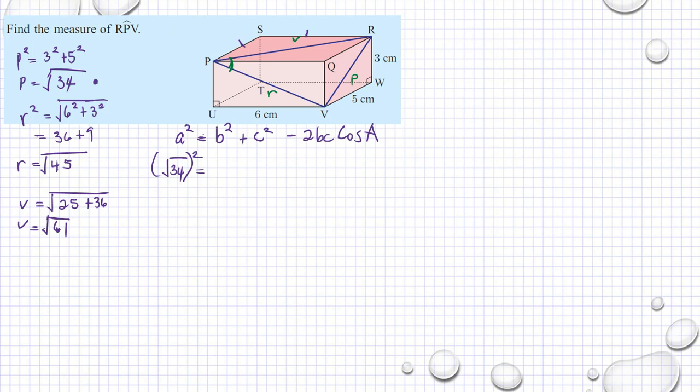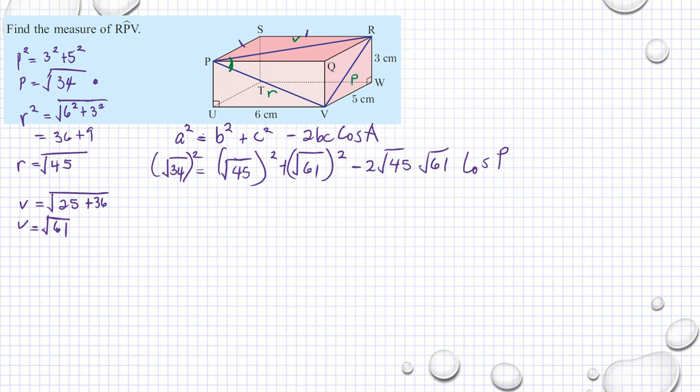That's it. And my b, it doesn't matter, r or v, so we have the square root of 45 squared plus the square root of 61 squared, it doesn't matter which of them, minus 2 times the square root of 45 times the square root of 61 cosine p. That's it.